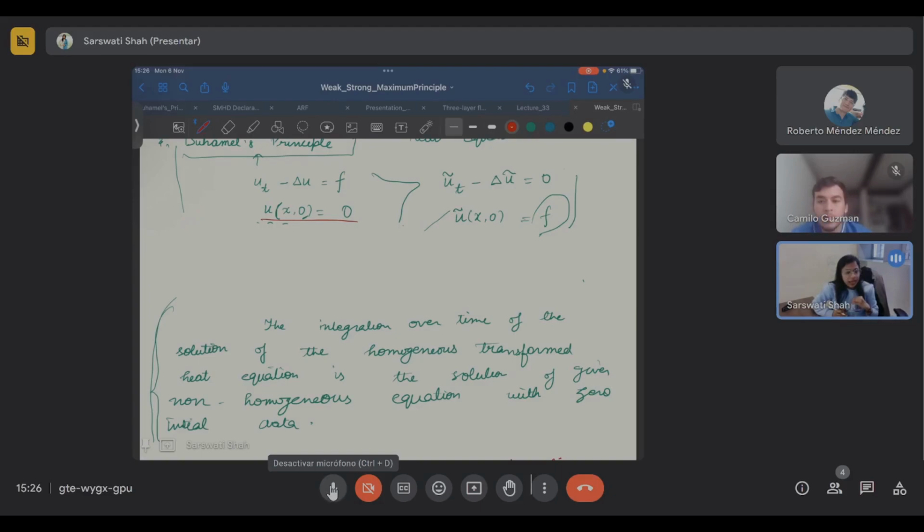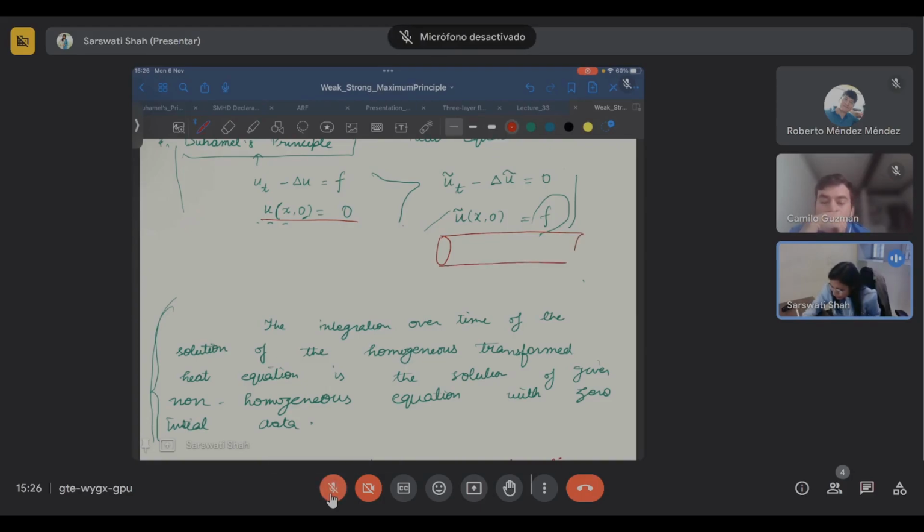The reason is that suppose you take a rod, and don't just think of it physically. The rod is uniform, like there is no heat, nothing. When we talk about the heat equation, we assume that we start giving a temperature at this point.